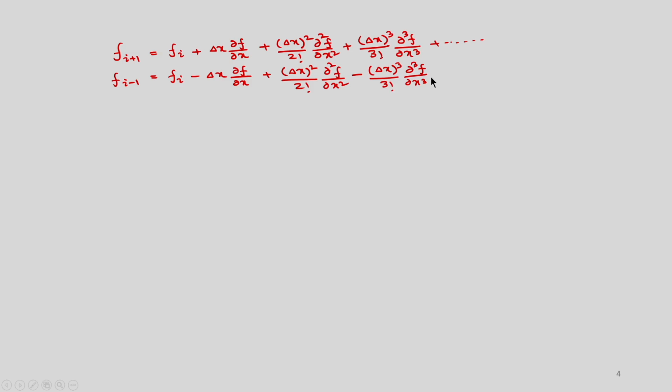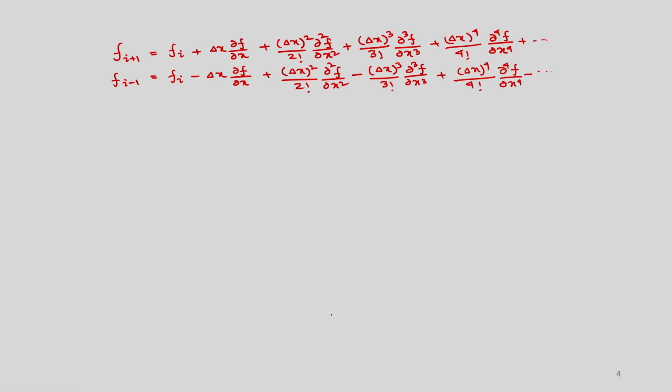You just write another term, delta x 4 by factorial 4 del 4 f by del x to the power 4 plus other terms, and here minus delta x 4 by factorial 4 del 4 f by del x to the power 4 and so on.